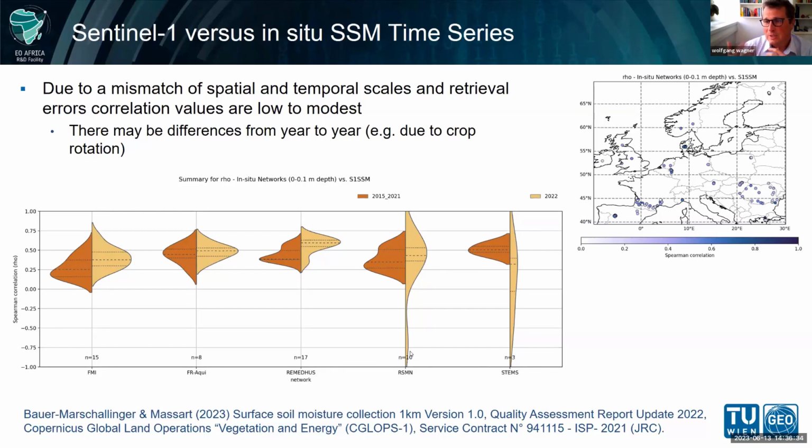So obviously that is a hint that changes in land cover and crop types can have a huge impact on the quality of the data. This is, of course, an active field of research of how you can make the products more robust, so that they are not responding so strongly to these kinds of changes.